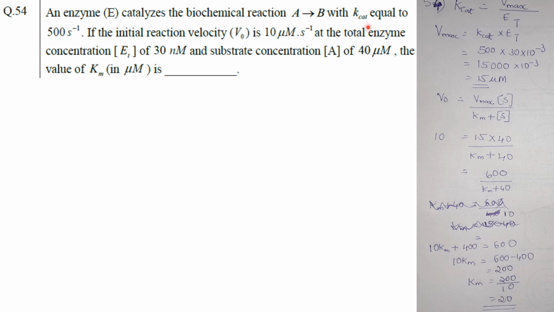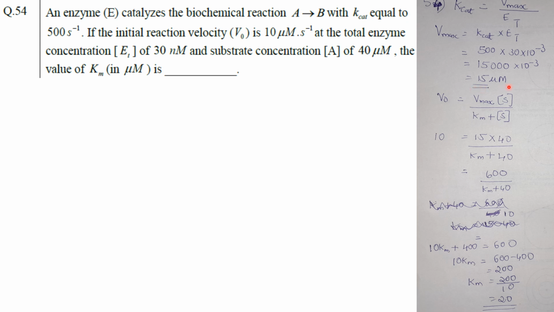So they have given Kcat and enzyme concentration which is in nanomolar, so convert it into micromolar. Kcat is given by the formula Vmax by Et, so from there you can calculate Vmax. Vmax is Kcat into enzyme total. That will be 15 micromolar.